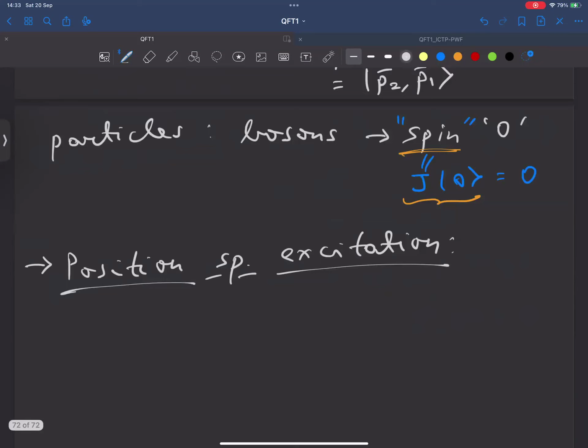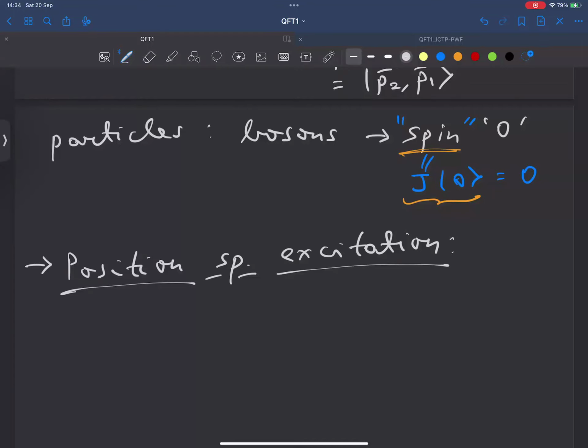There's a question in the chat. Is the Hamiltonian conserved in this Fock space? Yes, because the theory is Lorentz invariant. The Hamiltonian that we constructed was a Noether charge for the time translation, and by Noether's theorem, it's conserved.